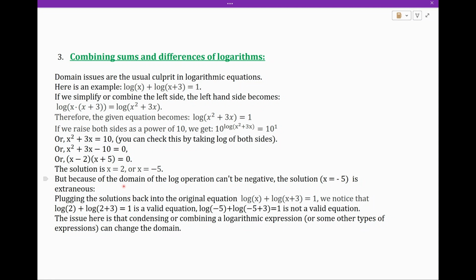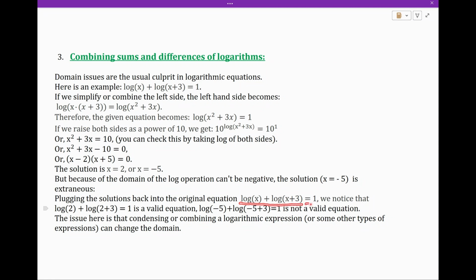But because the domain of the log operation cannot be negative, the solution x is equal to minus 5 is extraneous or not allowed.